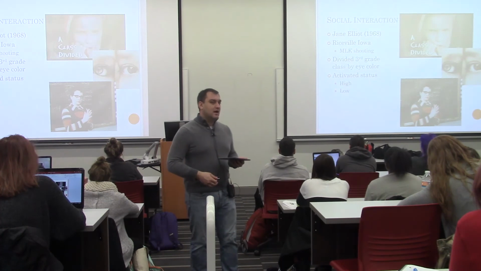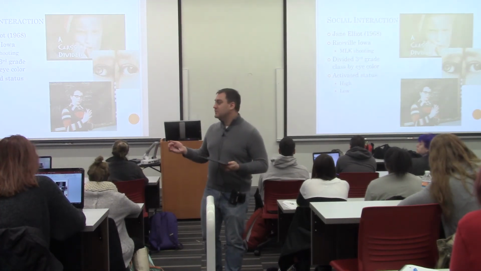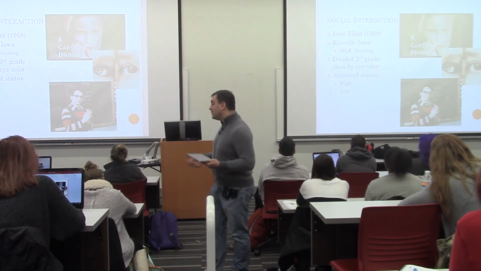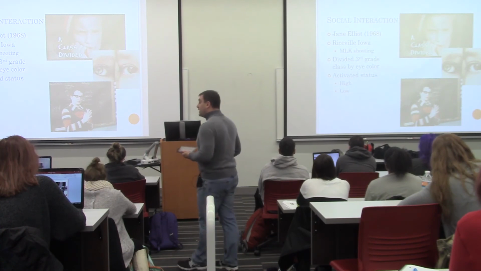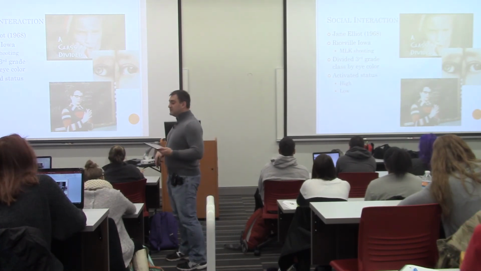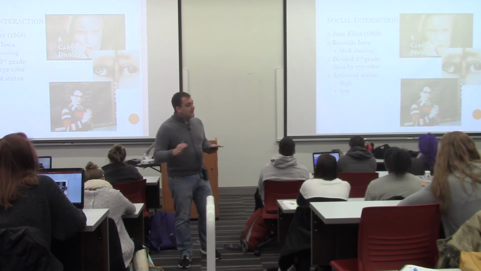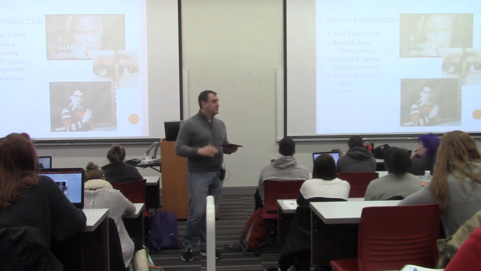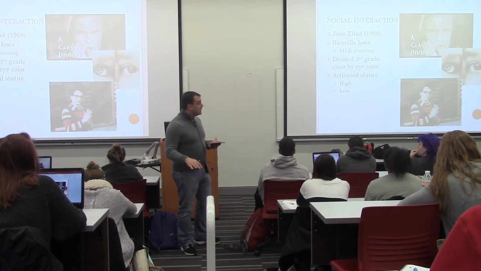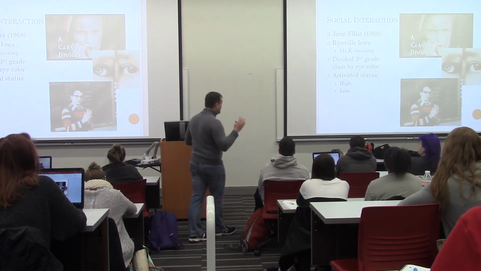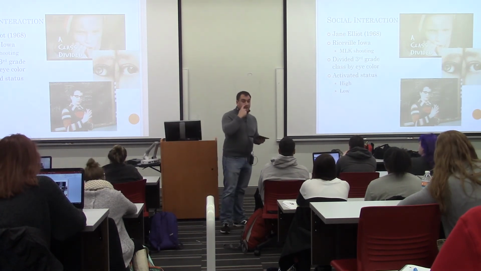In fact, there's only a few black families in Riceville, Iowa at all. So most of the third grade students not only didn't have much interaction with black classmates, they had very little interaction with blacks at all from their age at birth until they reached third grade.